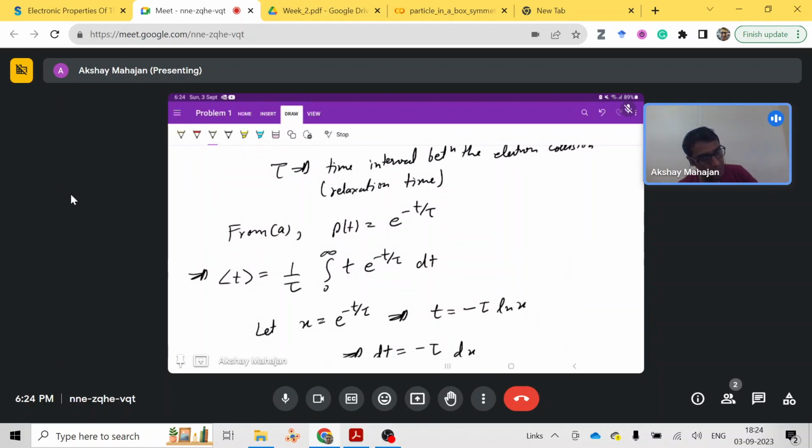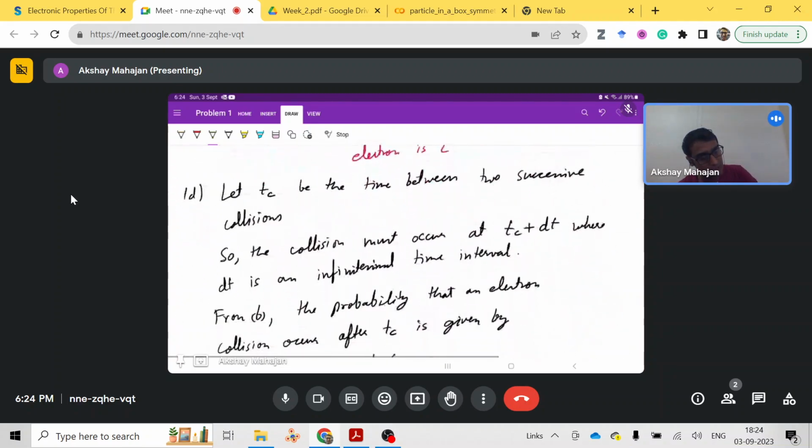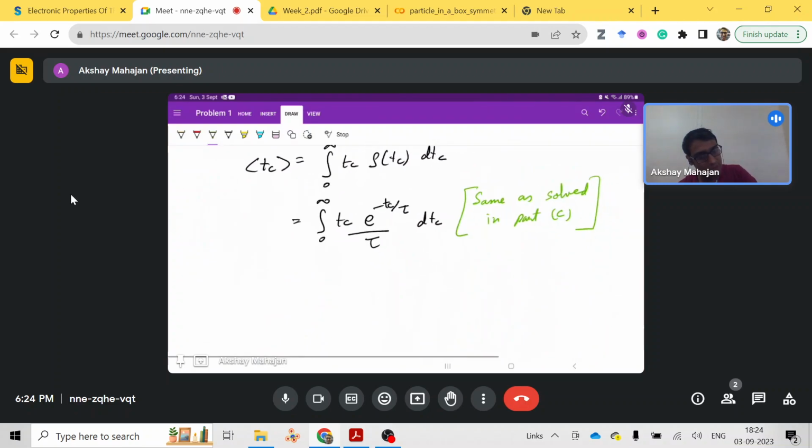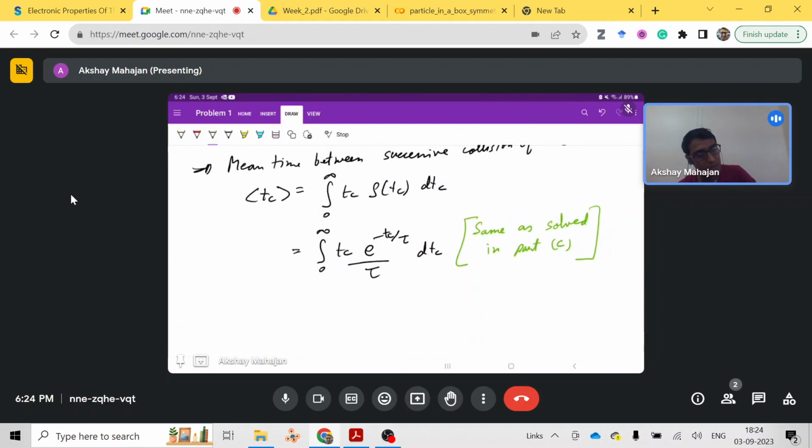There the average integration was from 0 to infinity of t e to the power minus t by tau, divided by tau, dt, and here also we have the same integration, from 0 to infinity of Tc e to the power minus Tc by tau dTc. It is just a change in variable. Instead of t, our variable of integration is now Tc.